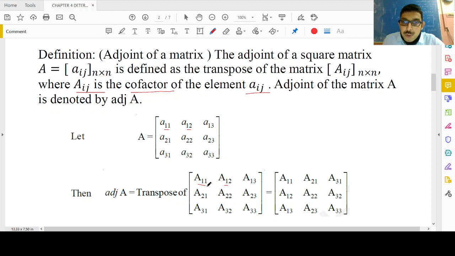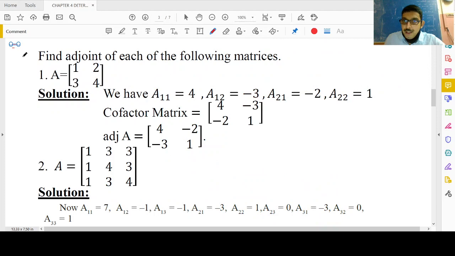The transpose of this cofactor matrix will be the adjoint of A. So the adjoint of A is A11, A21, A31, A12, A22, A32, A13, A23, A33. That is the transpose of the cofactor matrix.